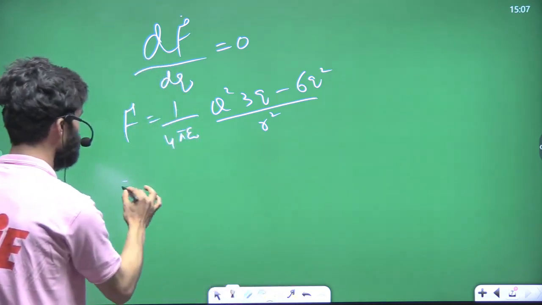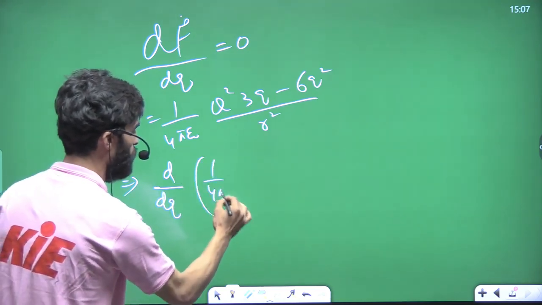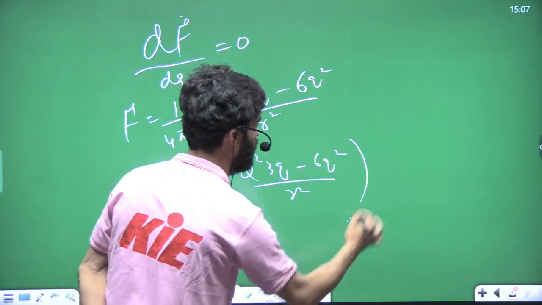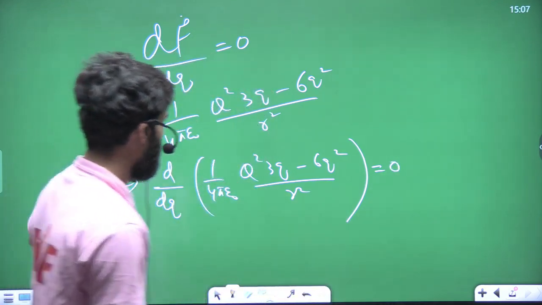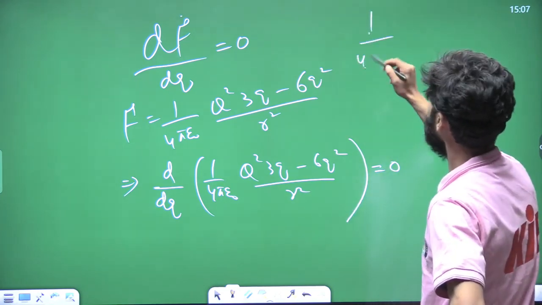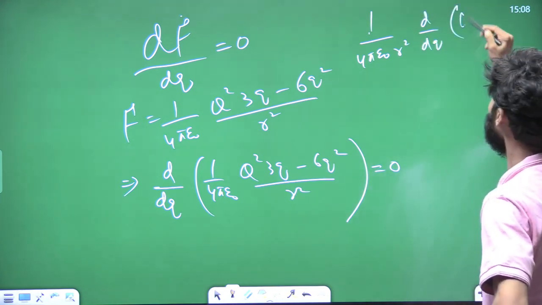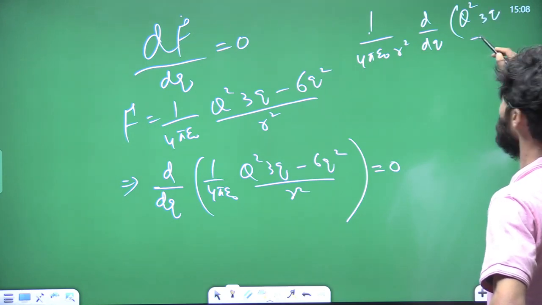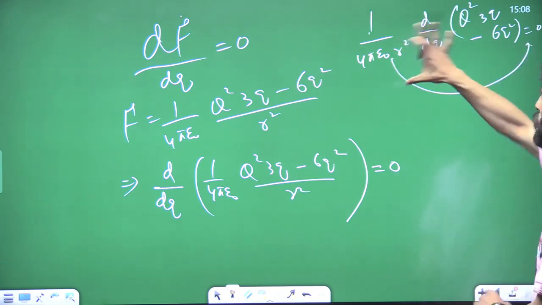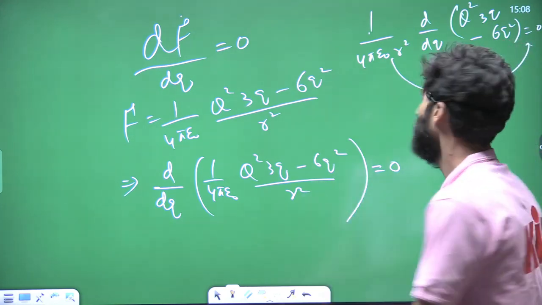After differentiating, d by dq of F is 1 by 4 pi epsilon, Q square 3Q minus 6Q square, divided by R square, equal to 0. The constants 1 by 4 pi epsilon R square go outside, and the differentiation with respect to Q is of Q square 3Q minus 6Q square, which equals 0. Multiplying by the constants, the whole thing is 0.